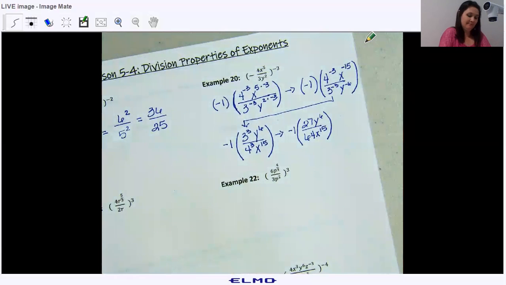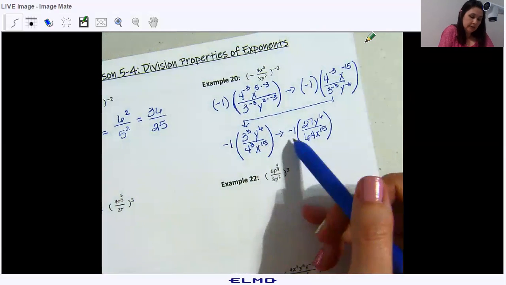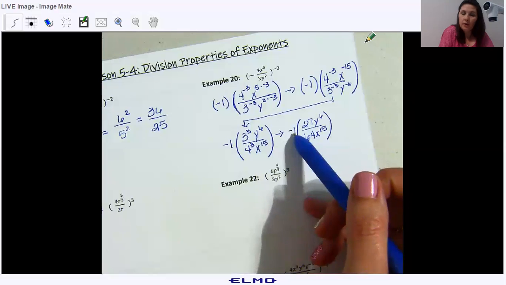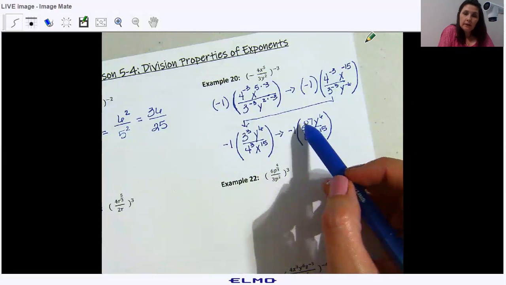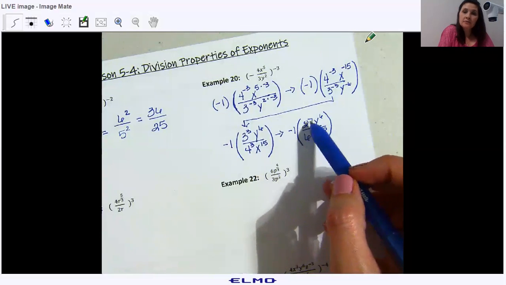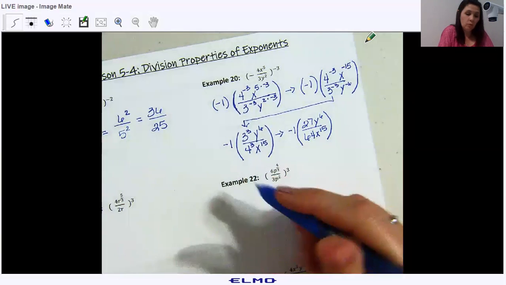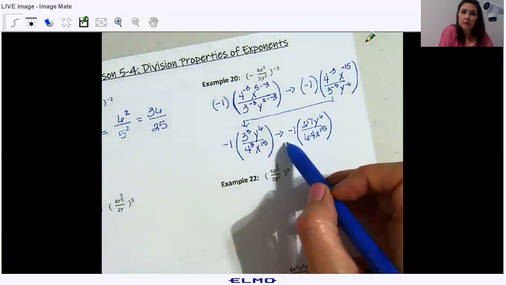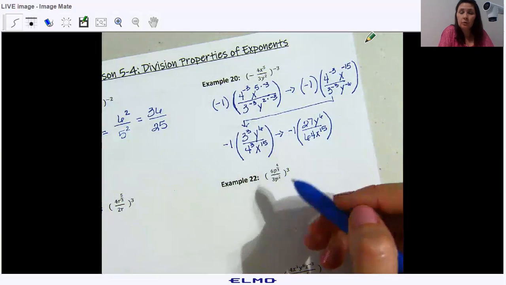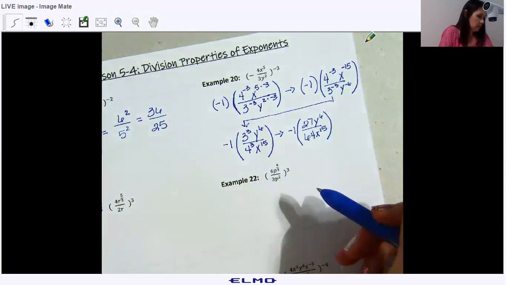And we're almost done. We have this negative still to deal with, okay? So our final answer is a positive 27 over 64. So we're going to multiply that by a negative 1, which means that the whole answer will end up being a negative.